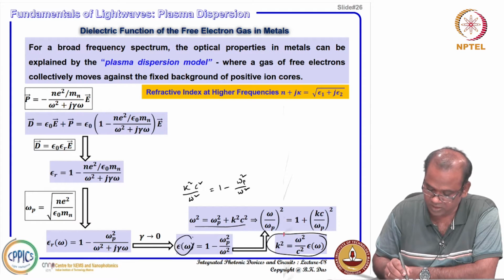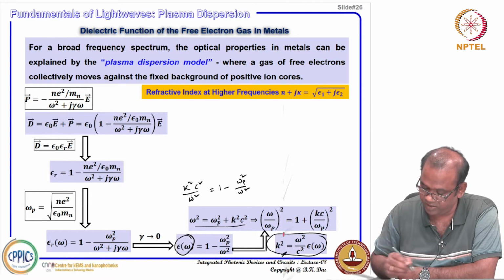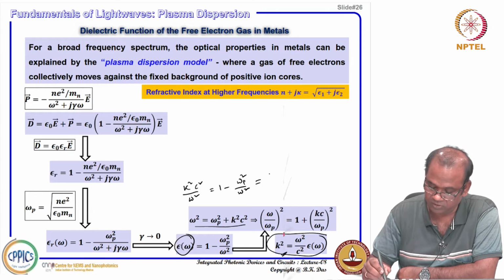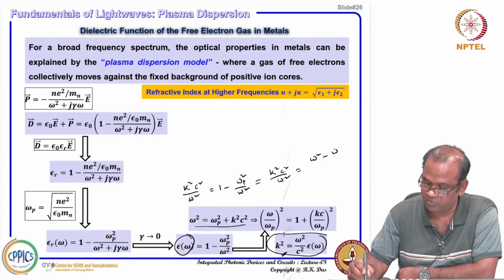So, from here I am getting epsilon omega as k square c square by omega square, and the right hand side is 1 minus omega p square by omega square. I can write k square c square by omega square equal to omega square minus omega p square by omega square.